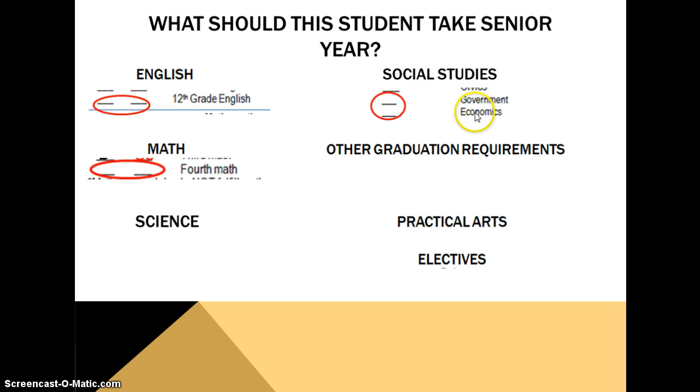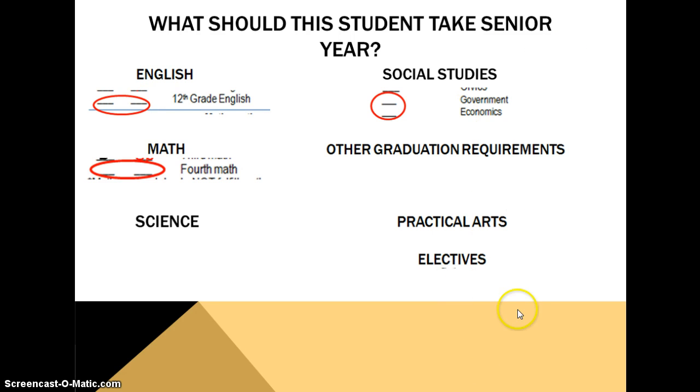Both government and economics are semester courses unless you want to take the AP versions, which are each year-long courses, and you may take either AP Government and Regular Economics or AP Economics and Regular Government, or you may take both regular or both AP.